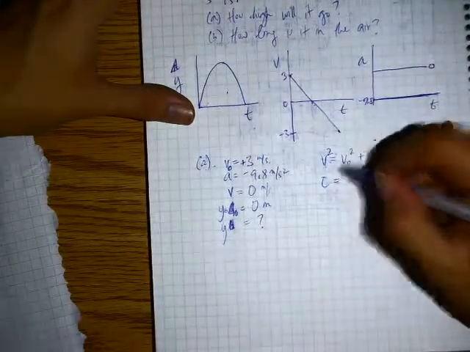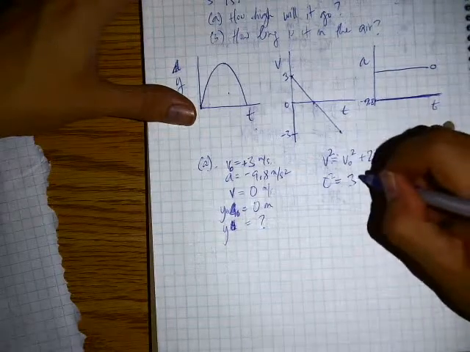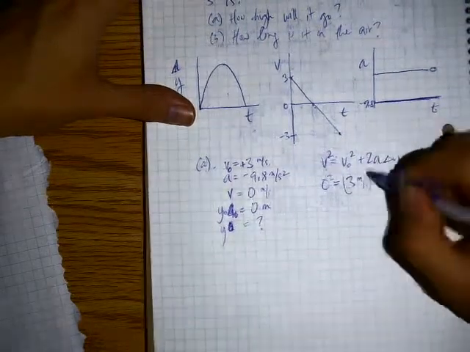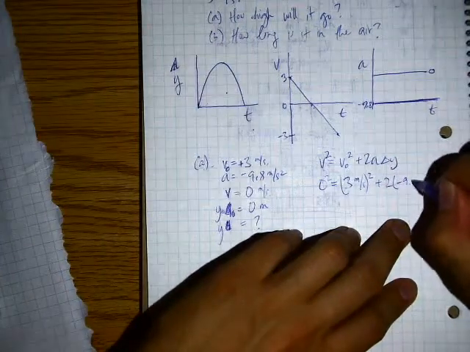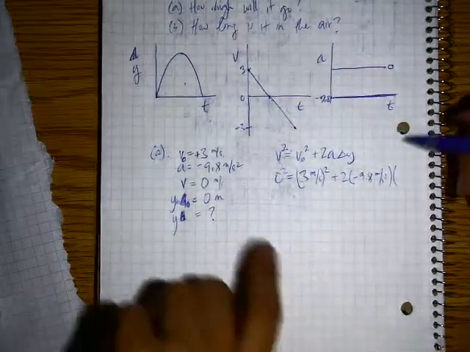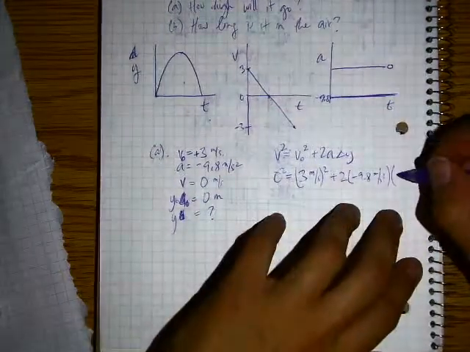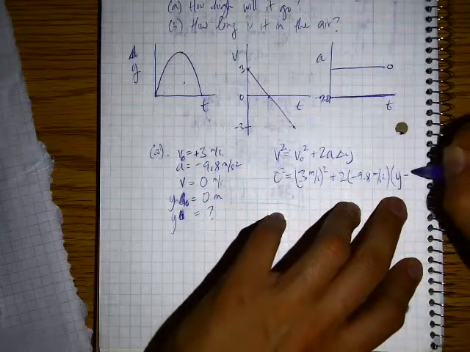Final velocity is 0. Initial velocity is +3. We are going to square these numbers. Plus 2 acceleration, -9.8, times delta y. So y, which is what we're looking for, minus the initial, which is 0. So just y.